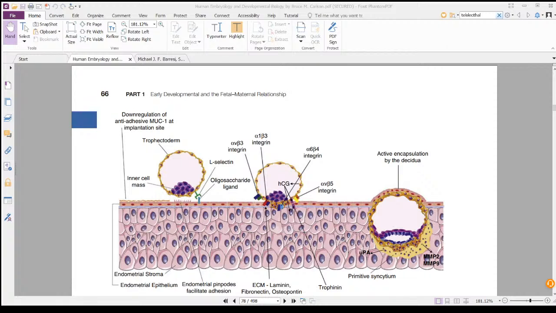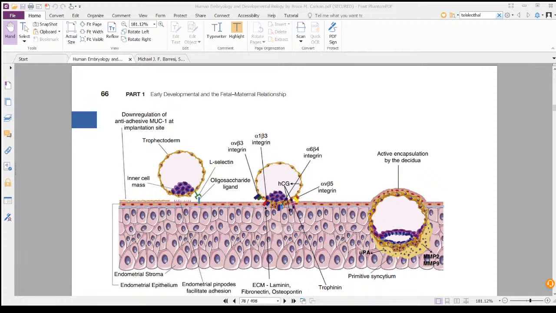The main thing that I want you to know is, see the trophoectoderm here, the trophoblast is getting submerged and completely swallowed, engulfed by the stromal layer. That is what is happening. And then this epithelial layer, the endometrial epithelium as labeled, is just able to coat it.